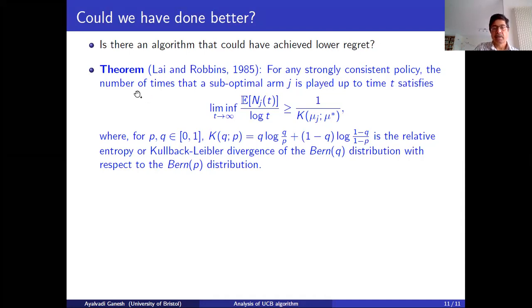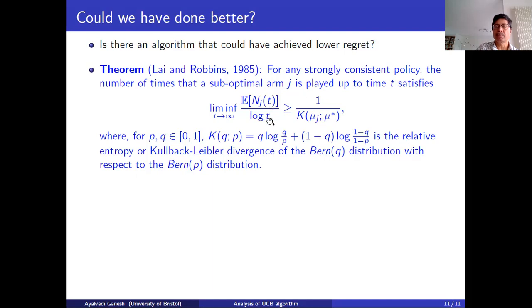But if you rule out such silly policies, then you can show that every policy must play a suboptimal arm j at least this many times. So the expected number of times that a suboptimal arm is played grows at least logarithmically in t with this constant.